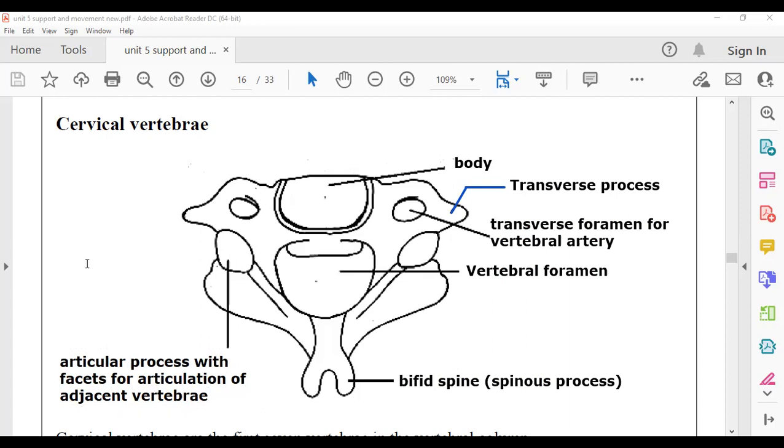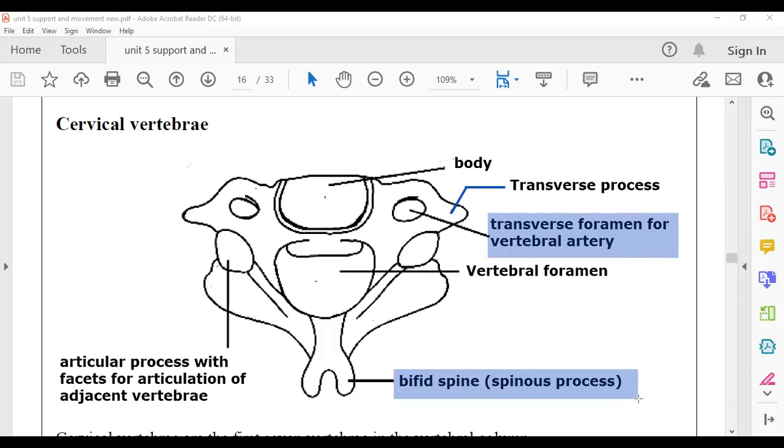So in this one, the unique features, if you consider, this is one unique feature: transverse foramen for vertebral artery. Another unique feature is, what is it? Biped spine.